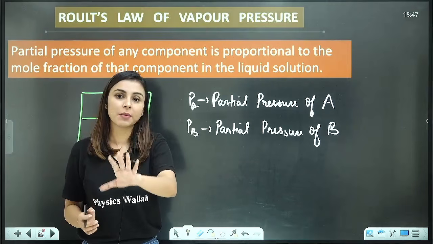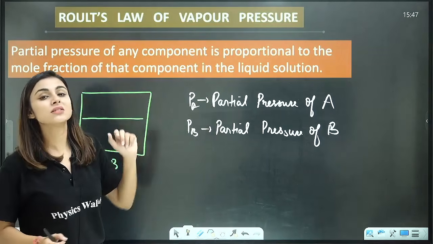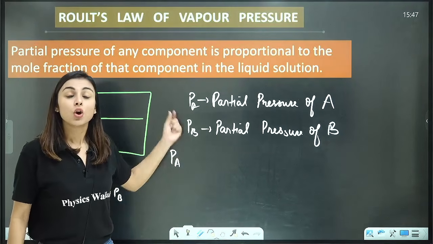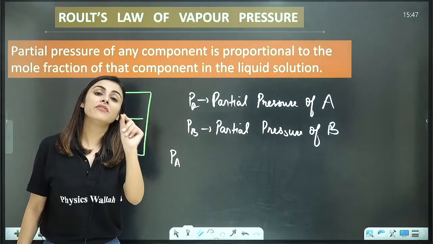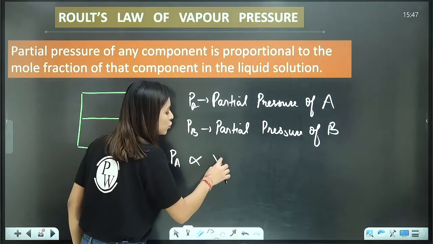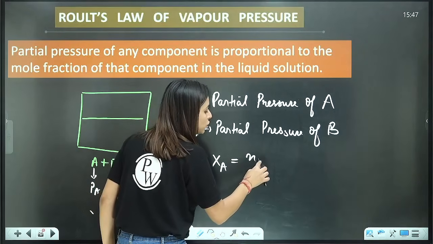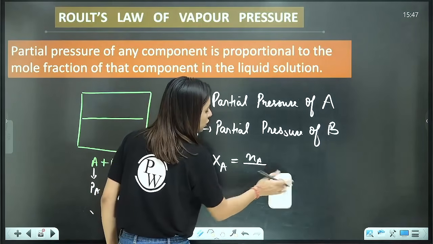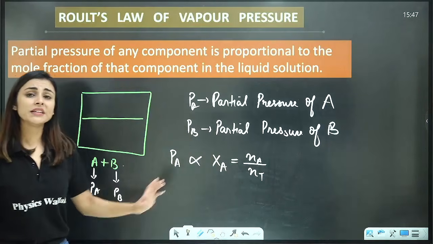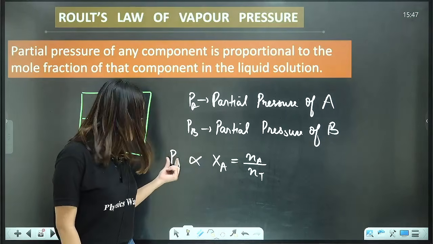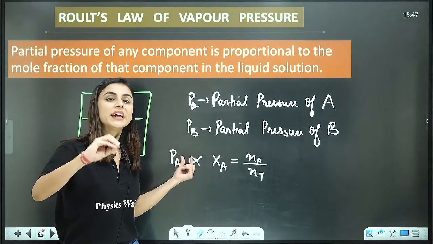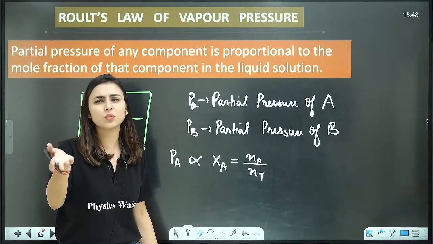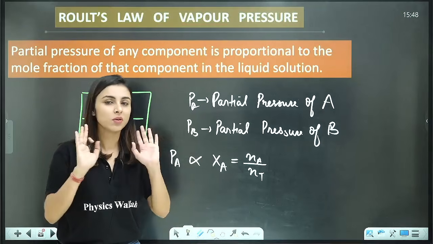So Raoult used this concept and said that PA, the partial pressure of A, will be directly proportional to the mole fraction of A, which is equal to moles of A by moles of A plus B, the total moles. If its mole fraction is more, it will exert more pressure. If its mole fraction is less, it will exert less pressure. Simple.